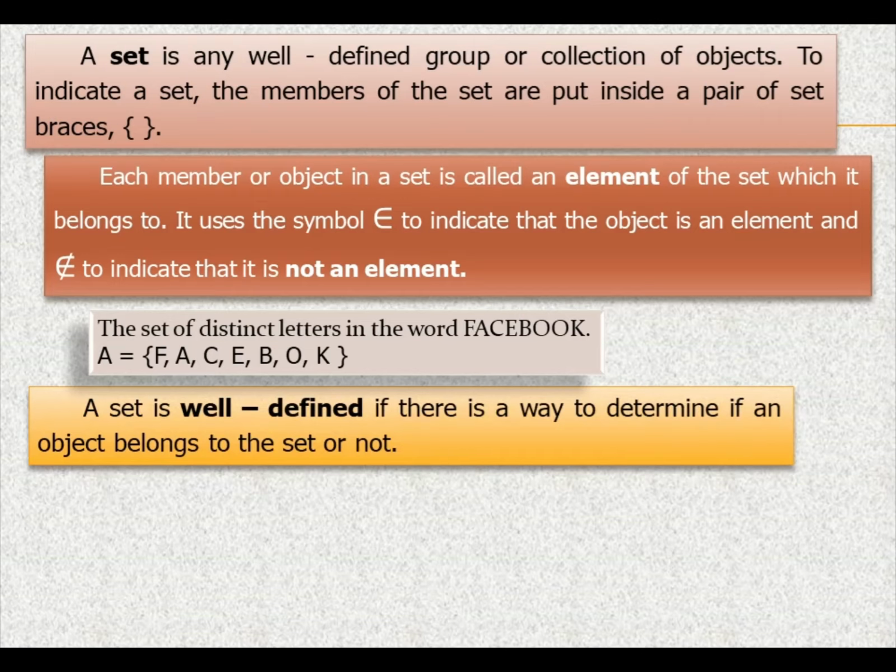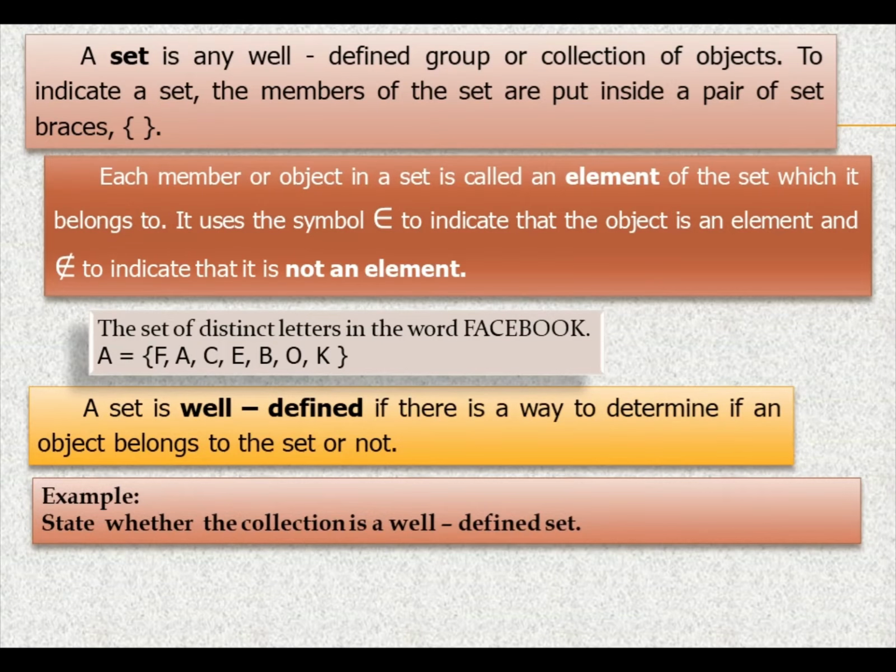Next, a set is well defined if there is a way to determine if an object belongs to the set or not. For example, let's state whether the collection is a well-defined set. First, months in a year. Second, best 3 songs of 2019.